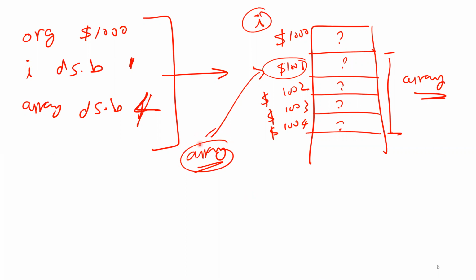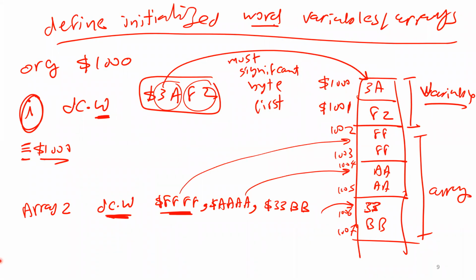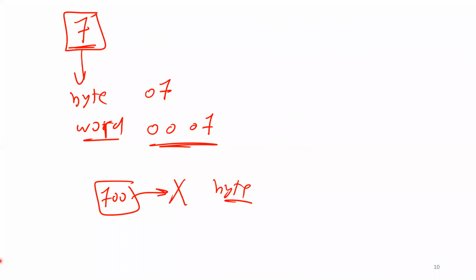Here, because this is assembly and we are very close to the hardware, it's easy to see the physical location. Maybe in C it was hidden, and it was not easy to know where your variable is exactly in memory.